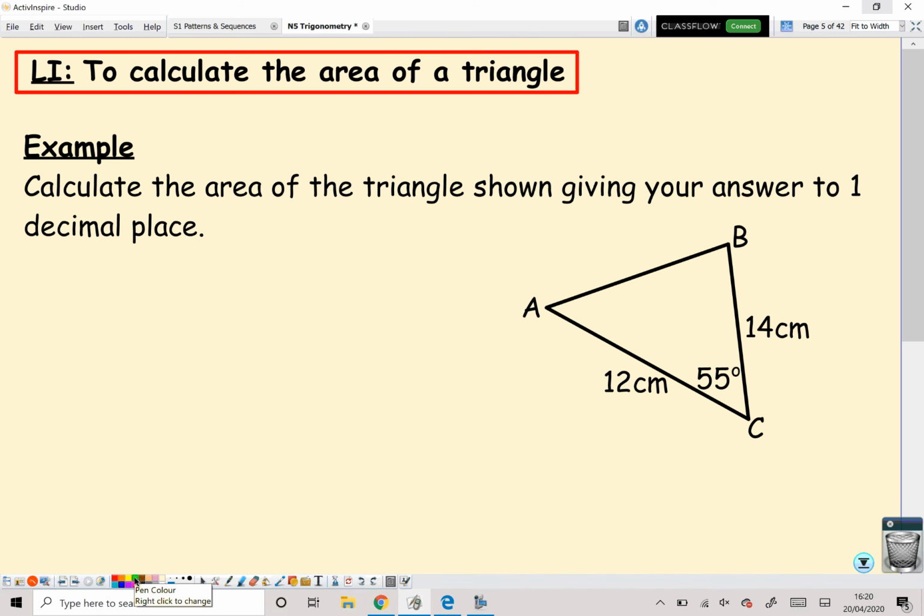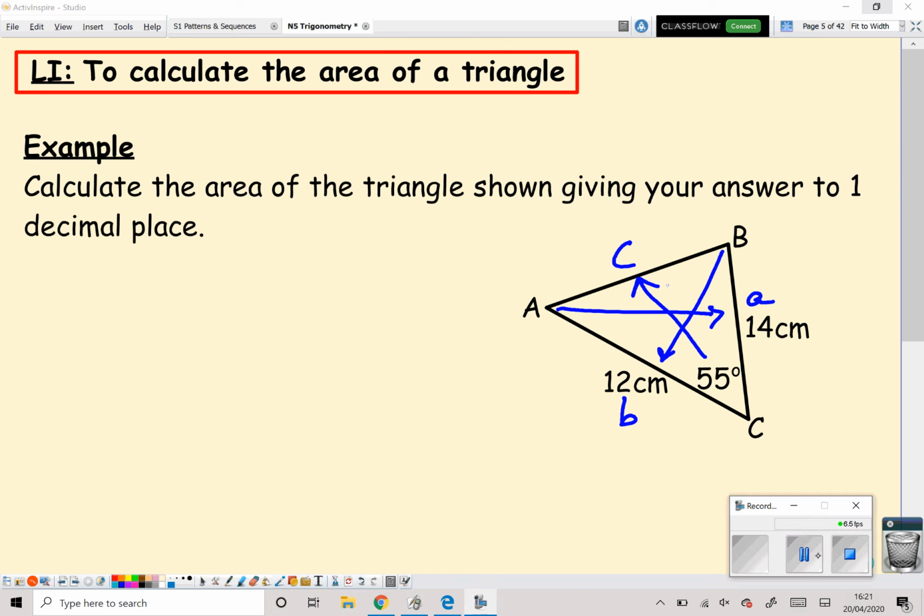What is side A? Well, side A is 14. What's side B? Well, that's going to be 12. So that's opposite there, that's opposite there, and that's side C there. So we have all the information that's required.